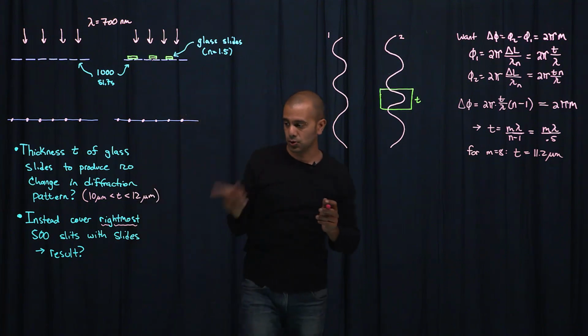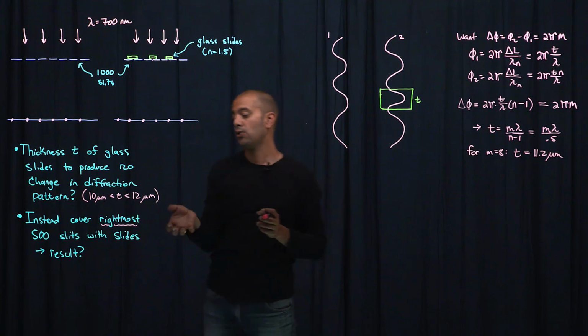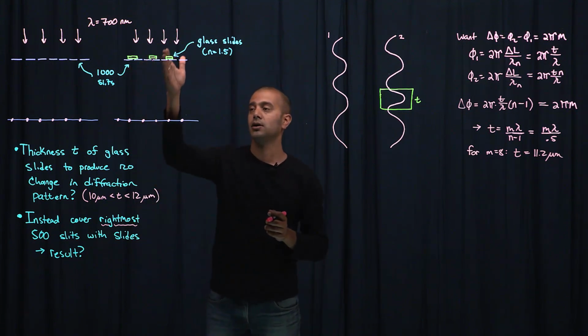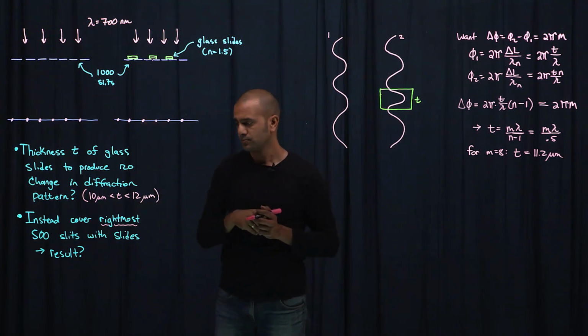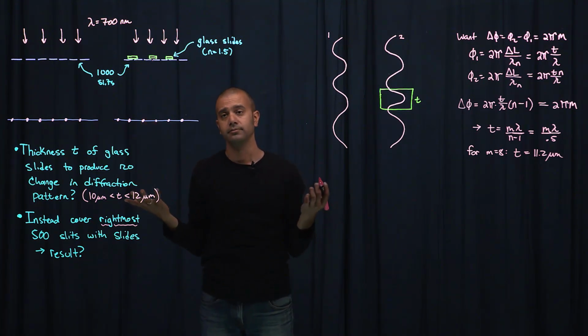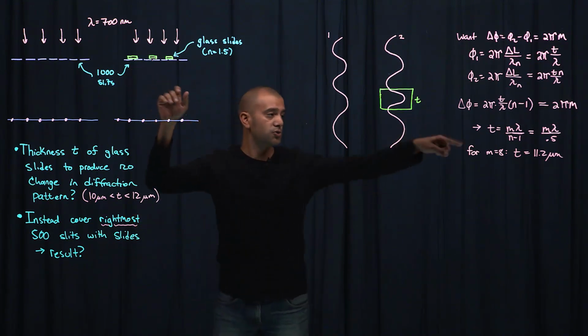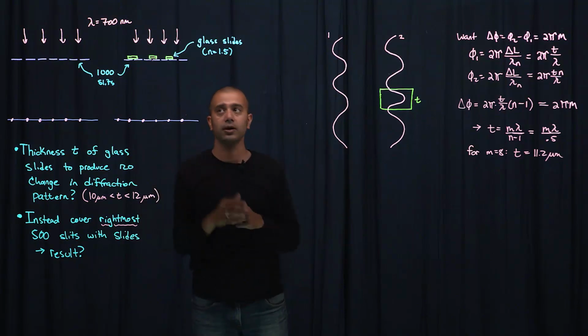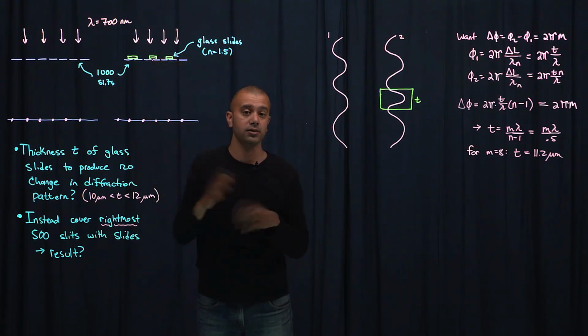Okay? So that actually kind of tells us how to answer the last part of the question, which says, now instead of covering every other slit with a glass slide, let's cover only the rightmost 500 slits. What would change? Nothing. And the reason it's nothing is because we've seen that in this situation, when you choose this thickness correctly at 11.2 microns, the phase it acquires from the point with the glass slide versus without is the same.